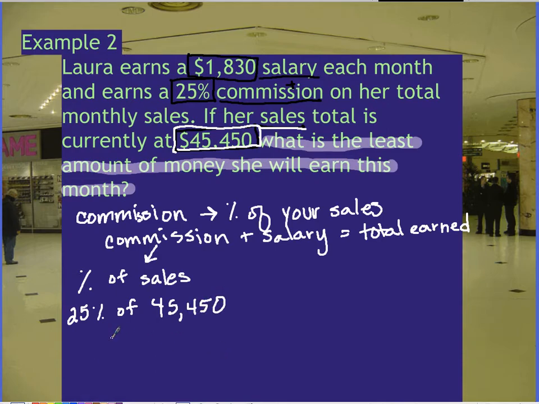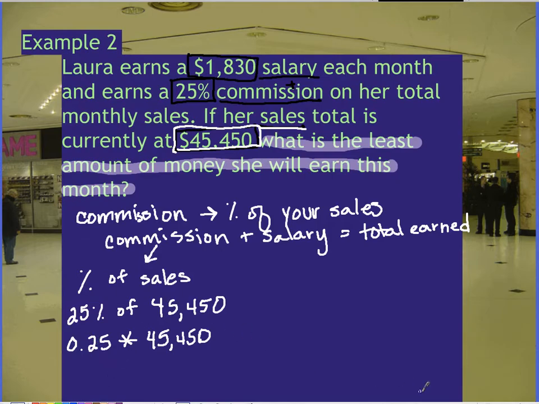Okay, and this time I'm going to do it as an equation just to kind of change it up, so I know I can take 25% and change it to 25 hundredths and multiply it by 45,450. Okay, because the commission is our part, the sales are my whole, and obviously 25 is my percent.